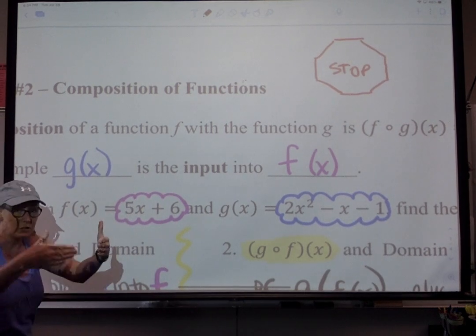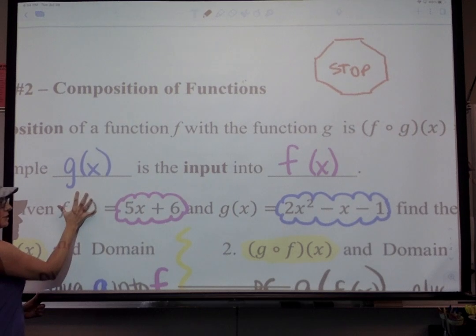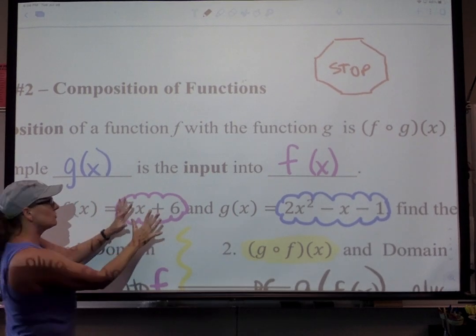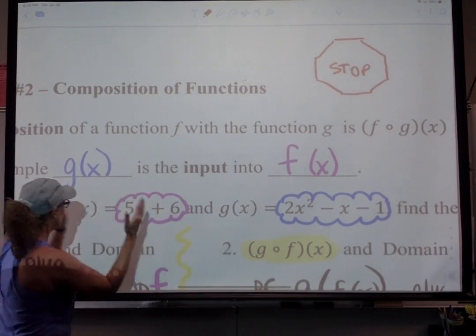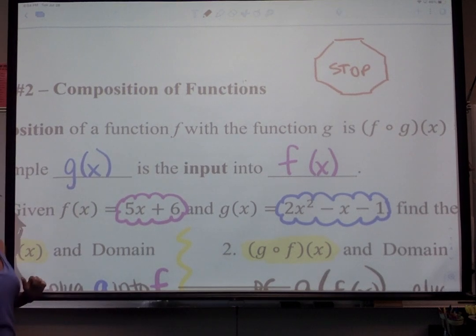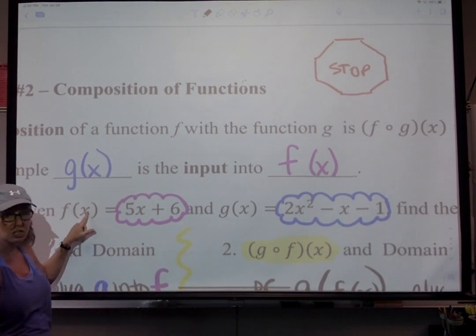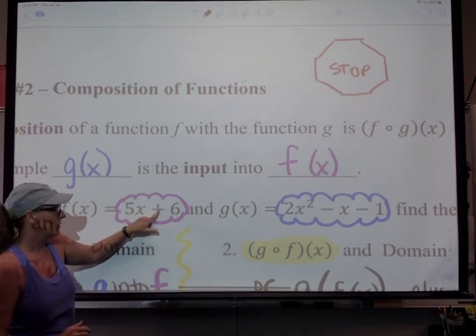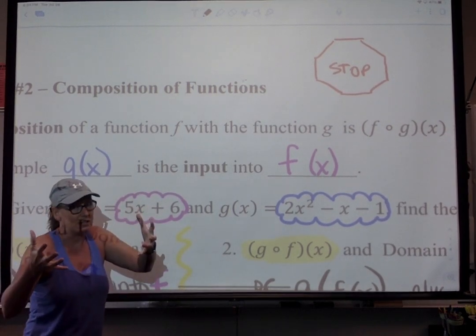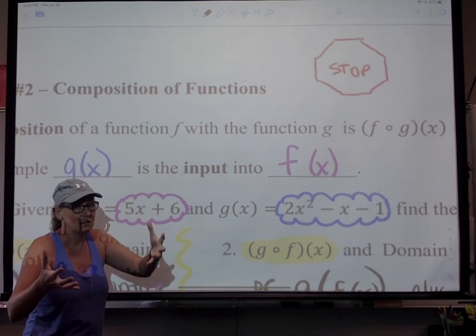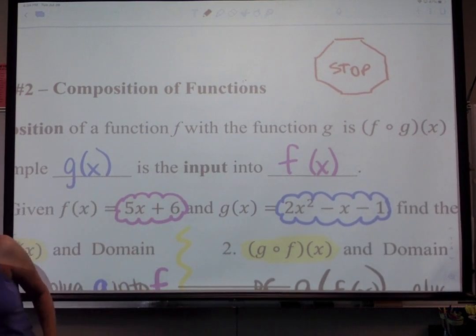And I know that you know that this over here does represent your y. So once you do this math, you get a y. When you plug in an x right here and right here, you get out of it a y. Let's look at composition of functions.